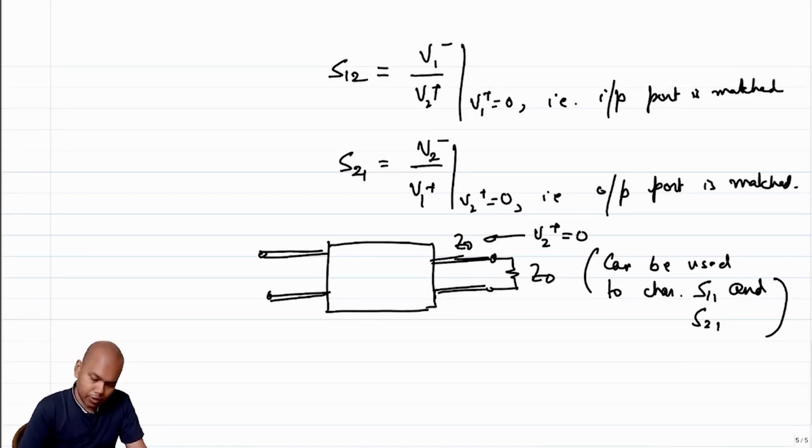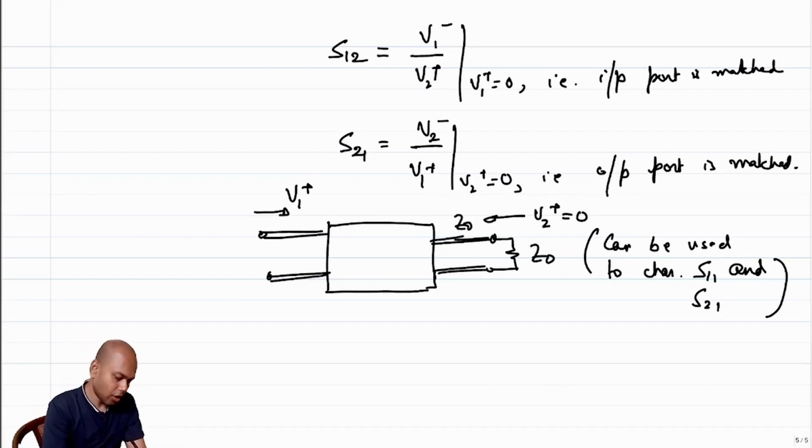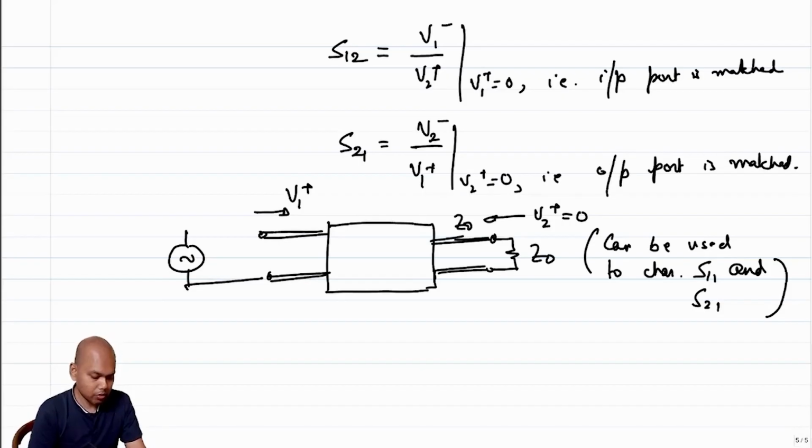And how are you going to characterize? You need V1 plus, right, because everything is with respect to V1 plus. This is not going to come if you leave the input port open circuited. So how do you apply a V1 plus? You have to apply a V1 plus obviously through a voltage source, right? And the voltage source should also have a resistance which is the same as the characteristic impedance of the transmission line, because otherwise you are going to have reflections again. So this is R equal to Z0.